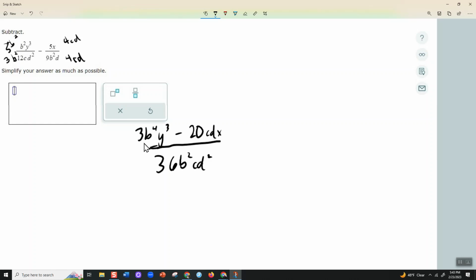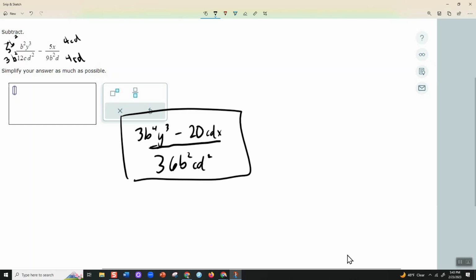Do I have any common denominators on top? No. There's nothing to reduce there. That's it. Nice and simplified.